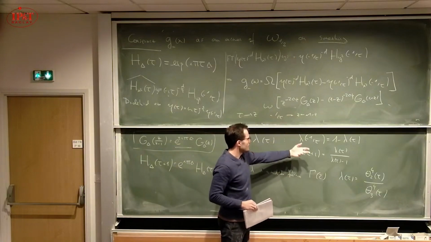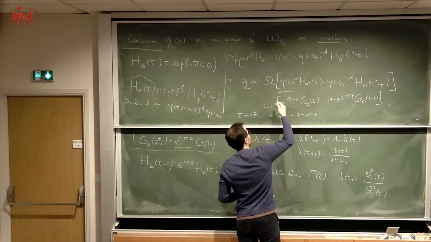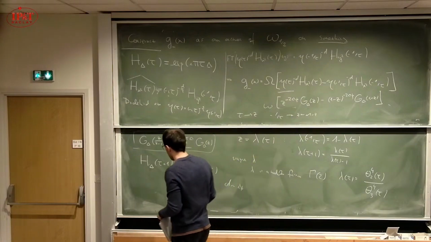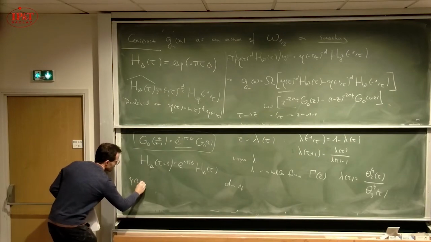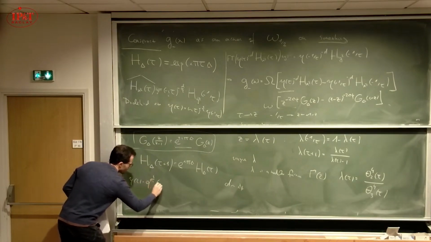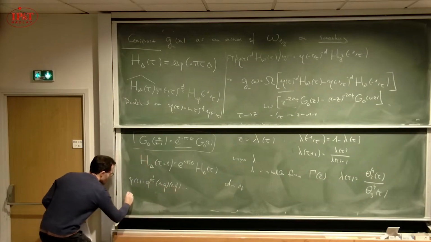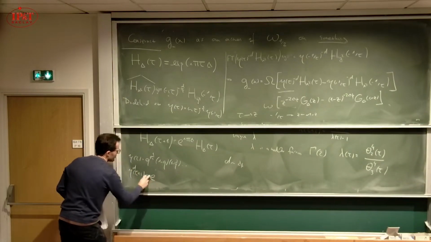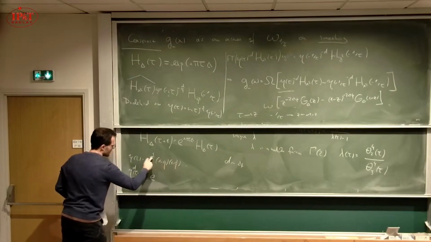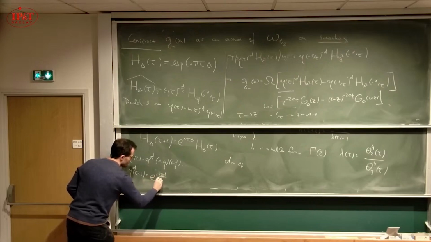So z goes to z minus 1 is like tau going to tau plus 1. And under that, this eta function just picks up a phase, right? Because what is eta? Eta of tau is q to the 1 over 24, times 1 minus q, 1 minus q squared, and so on. So eta to the b, at tau plus 1, it just comes from this, because all of these guys are invariant, so it's 1 over 24, it's e to the i pi b over 12.